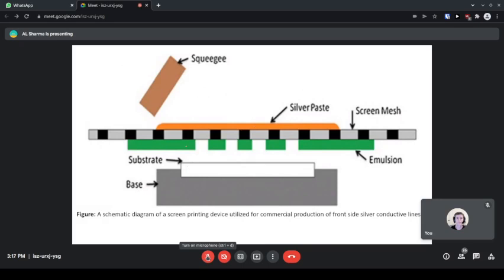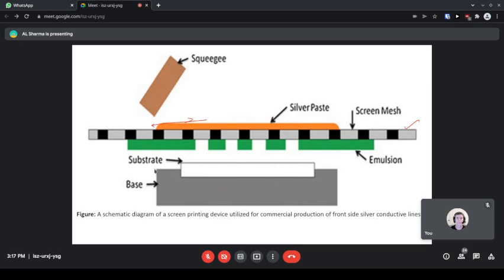So what you are going to do, you are having this mesh, actually a screen mesh is here. This is the screen mesh, and you can say it's a screen net. What you are doing is putting the paste over here. And this is a squeegee, you just take this squeegee from this side to this side.